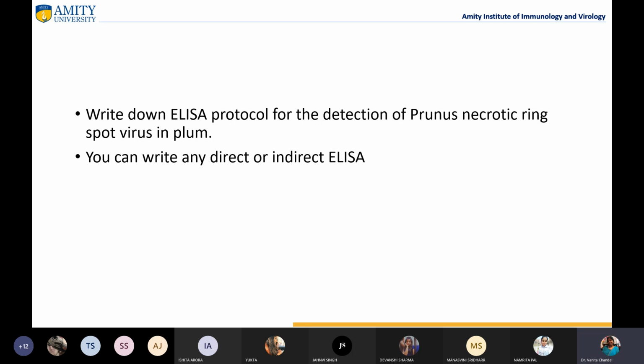Yes, students, have you submitted the older practical, PCR? I don't see it actually. Ma'am, I submitted it a while ago. Okay, let me check. Manaswani, practical PCR.